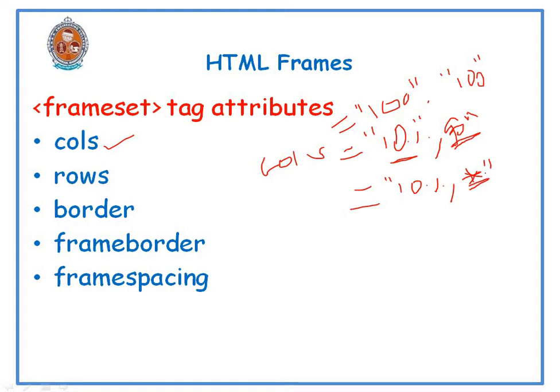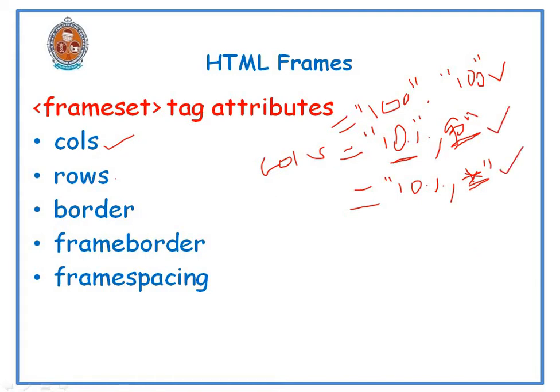Here star means the remaining area after allocating the first frame size. So the first frame takes 10 percentage of the area. The remaining 90 percentage of the area can be set for the second frame. This symbol is known as the wildcard symbol. So we can specify the columns value by using pixels, percentages, and wildcard symbols.